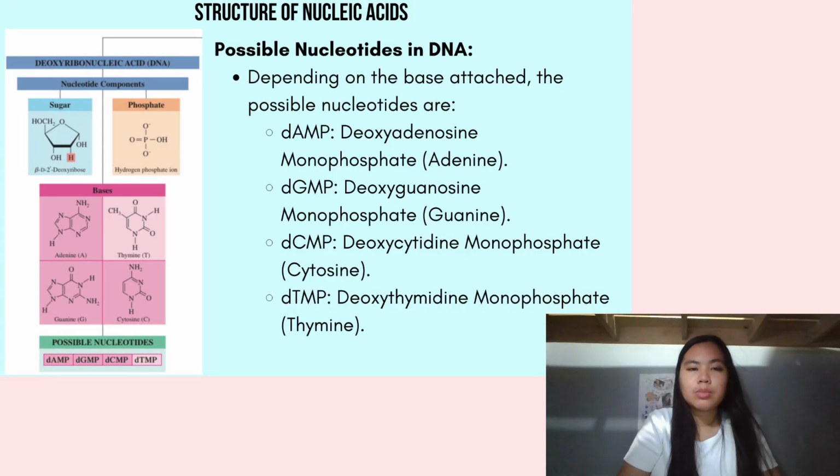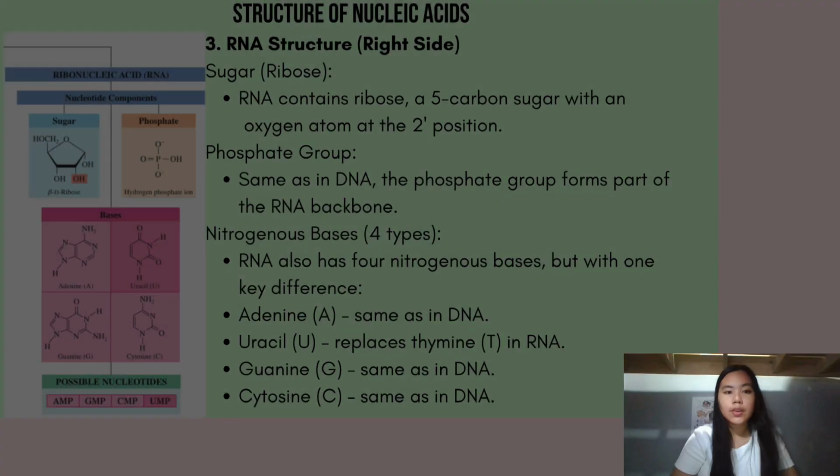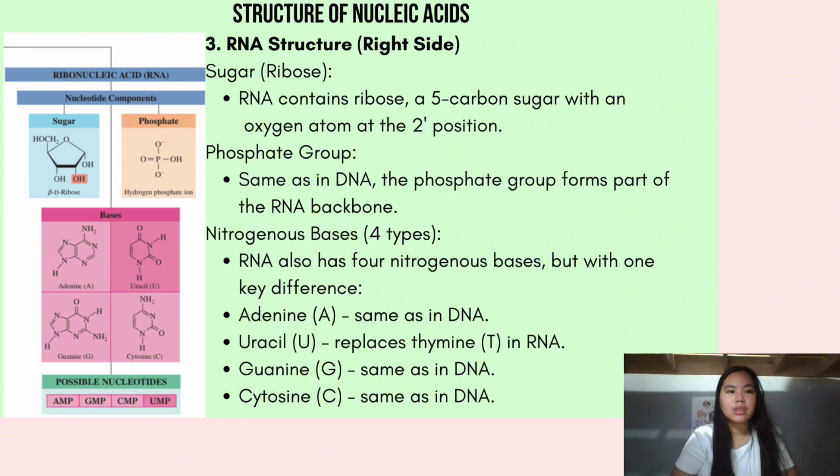And these are the possible nucleotides in DNA depending on the base attached. The possible nucleotides are deoxyadenosine monophosphate or adenine, deoxyguanosine monophosphate or guanine, deoxycytidine monophosphate or cytosine, and deoxythymidine monophosphate or thymine.